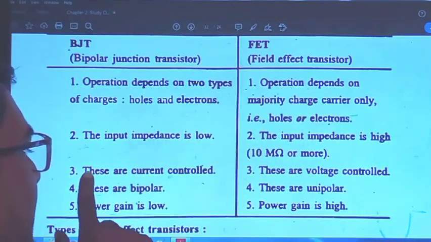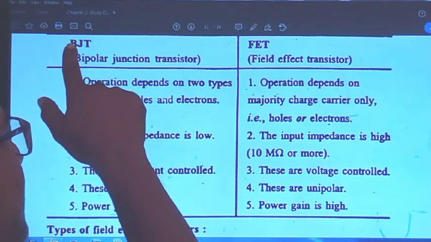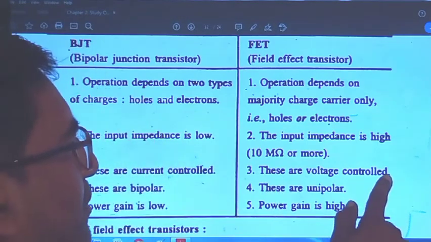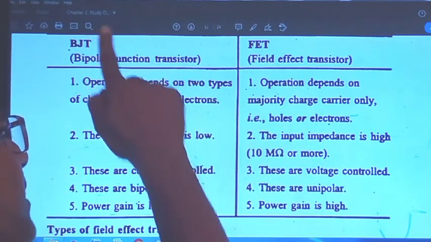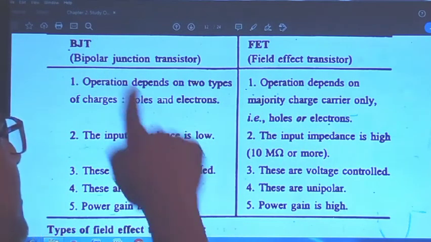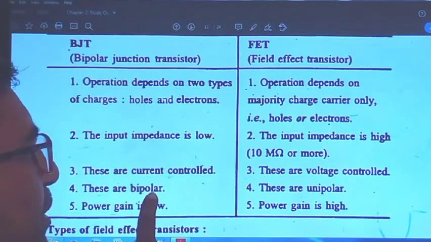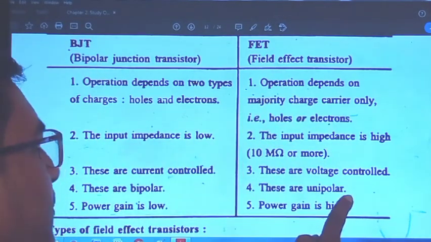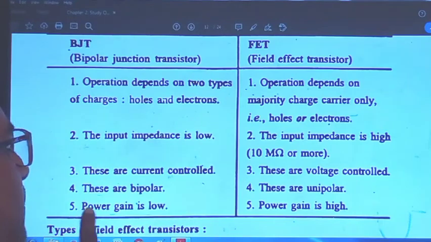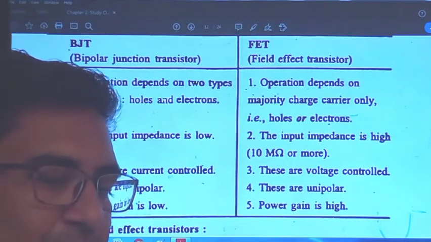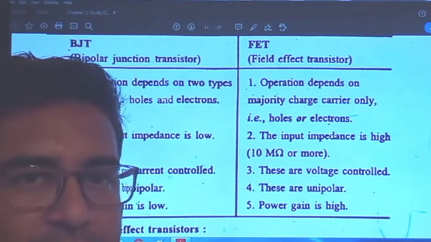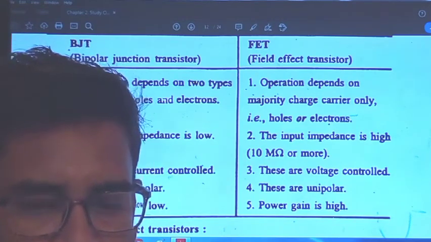BJT is a current control device, and FET is a voltage control device. BJT is bipolar and FET is unipolar. In a BJT the power gain is low, in a FET the power gain is high. So this is the comparison between the BJT and the FET.